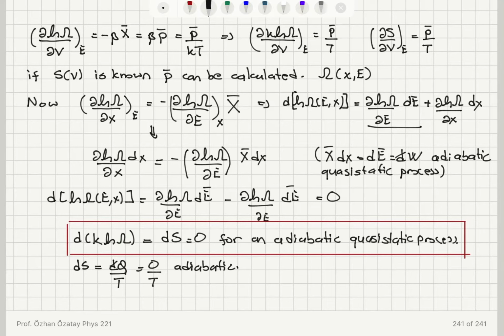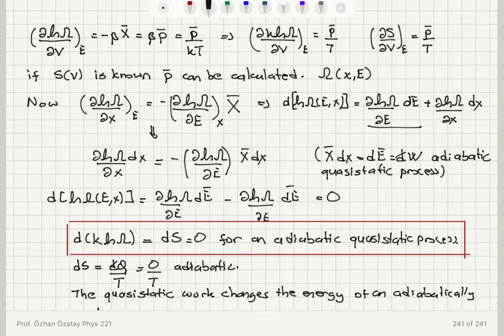All right, so the quasi-static work changes the energy of an adiabatically isolated system, but the entropy is unaffected.